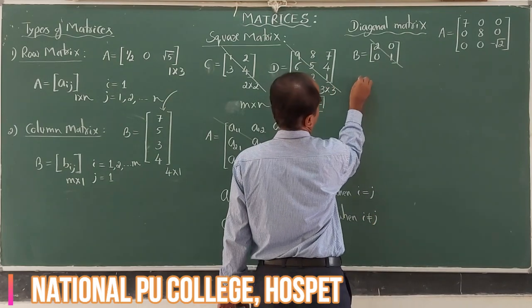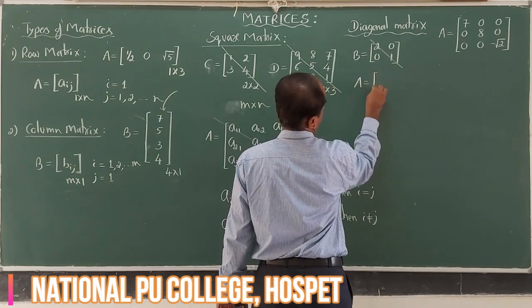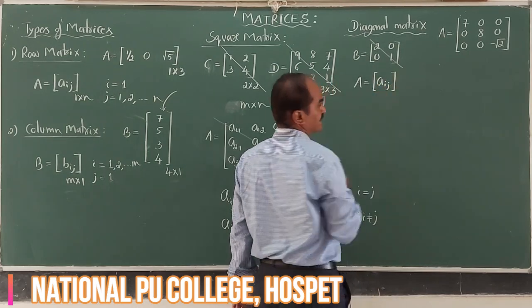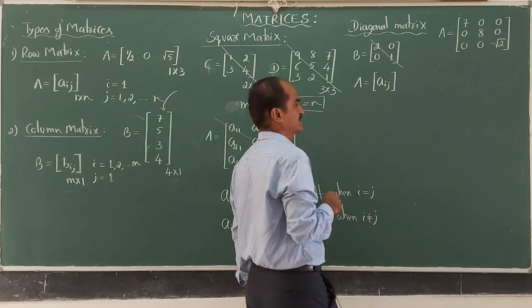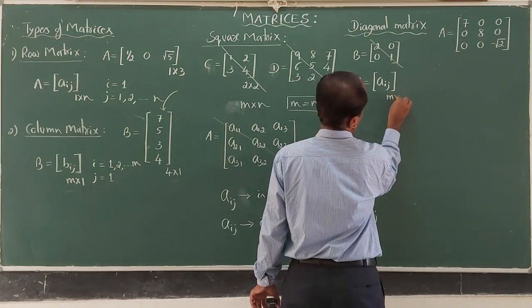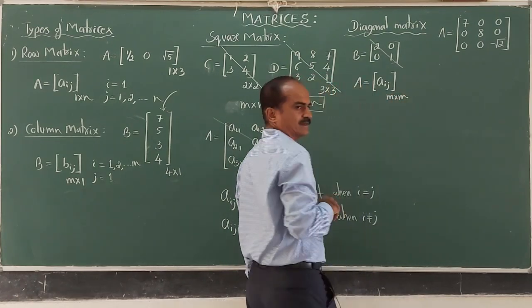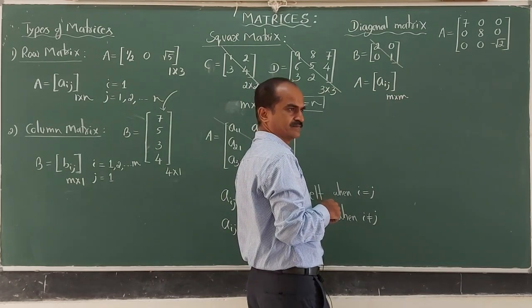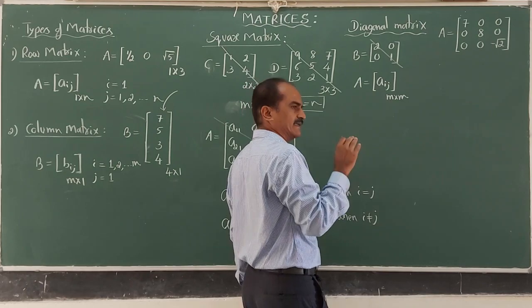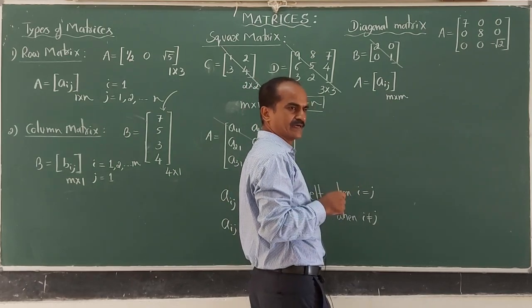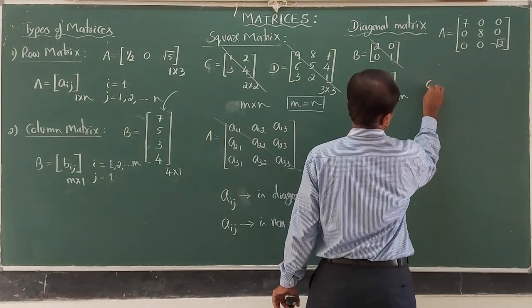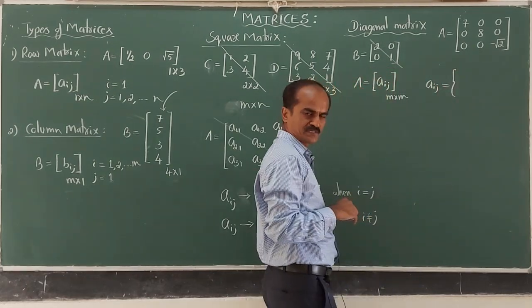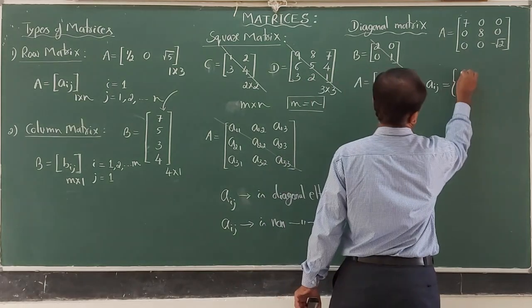Now let me write a matrix A whose entries are Aij, which is a square matrix of order m by m. Square matrix of order m is said to be a diagonal matrix if Aij must be equal to 0.